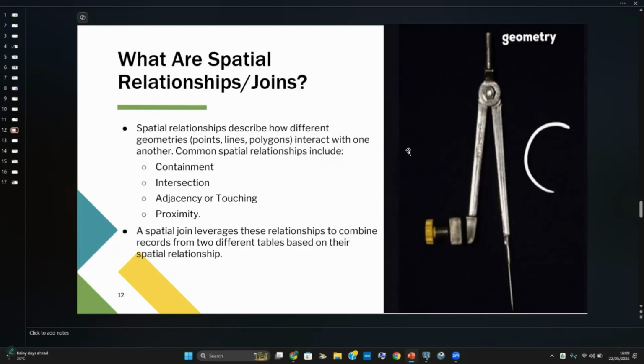So all spatial joins leverage these relationships and combine records from two different tables. We've looked at those tables I had earlier shown you, right? These spatial joins combine the records from two different tables, but it is based on their spatial relationship, right?